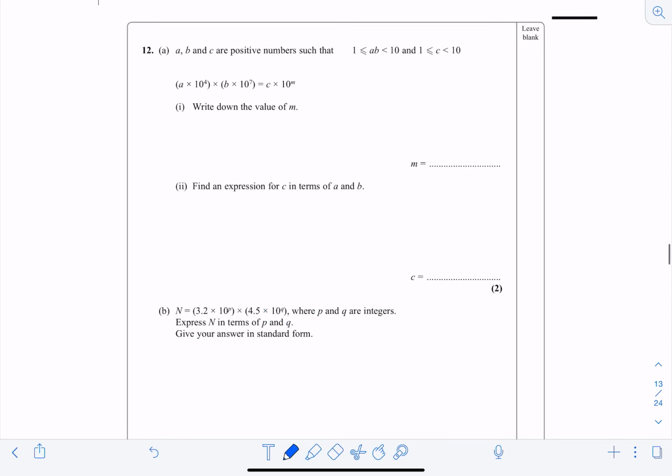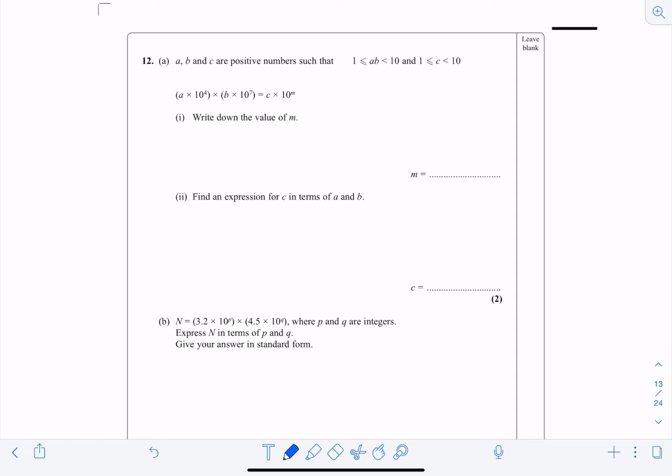Next question. A, B, and C are positive numbers, so greater than 0, such that A times B is greater than or equal to 1 and less than 10, and C is greater than or equal to 1 and less than 10.